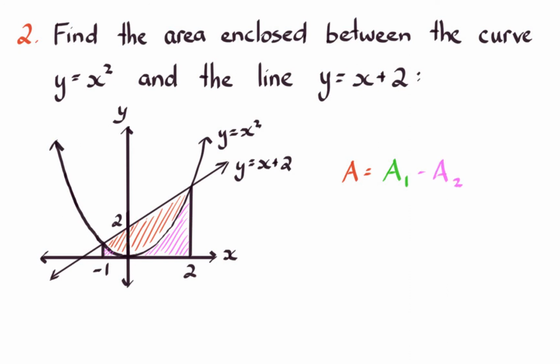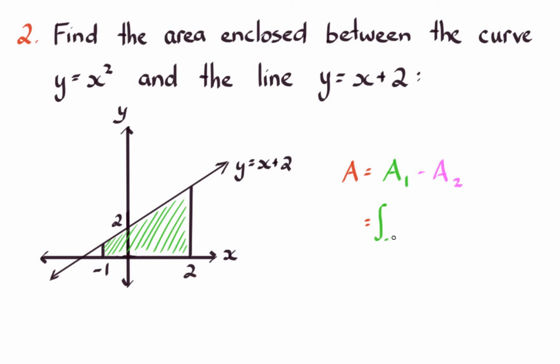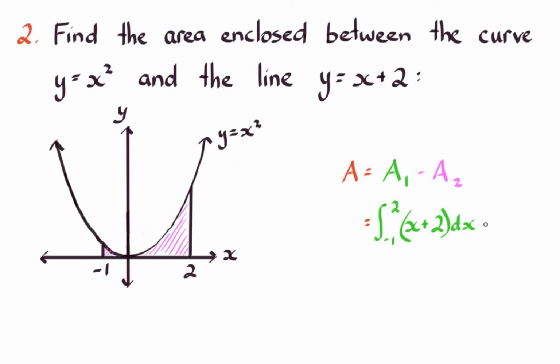So let's start with area 1, which is the integral from -1 to 2 of the function x plus 2. Then we'll focus on area 2, which is the integral also between -1 and 2, but it's the area under x squared.